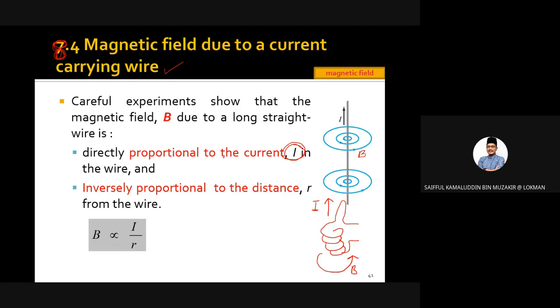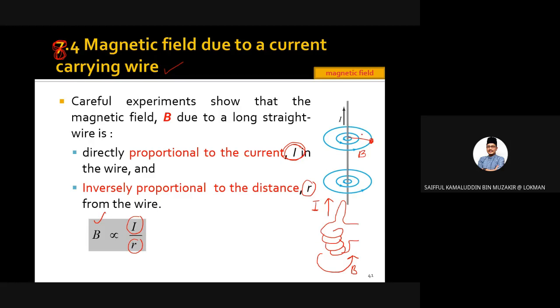Now, B is directly proportional to I and inversely proportional to the distance, R. So what is R? The distance of the position from the center of the wire.